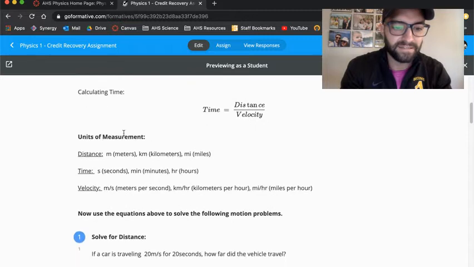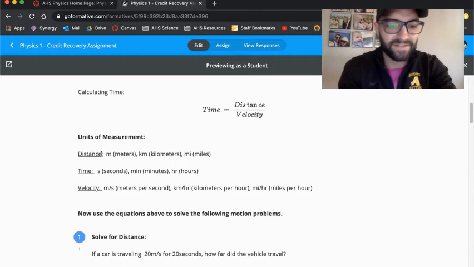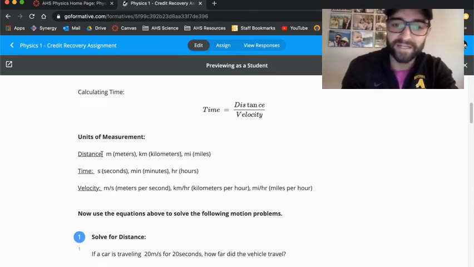Next, okay, some common units of measurement. So we have distance, and these are going to be really important, and they help you recognize what the scenario is saying. So a common unit of distance is going to be m, and that stands for meters.